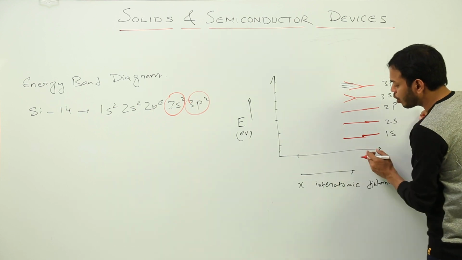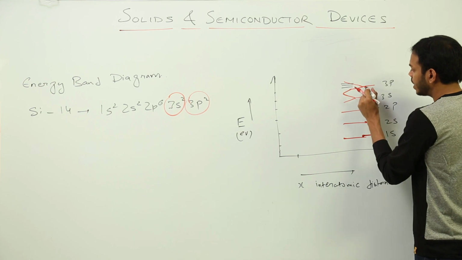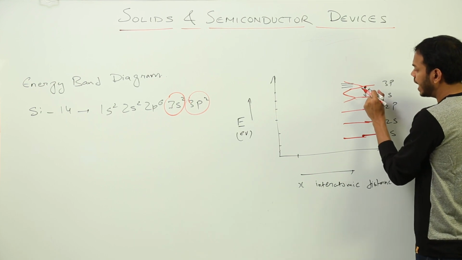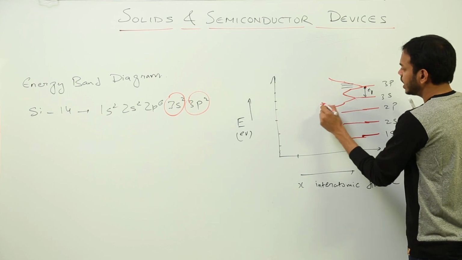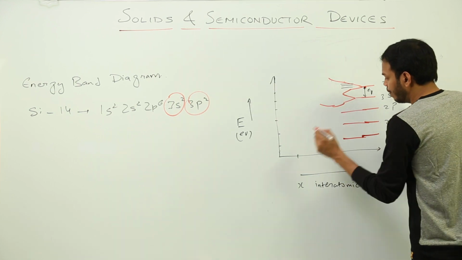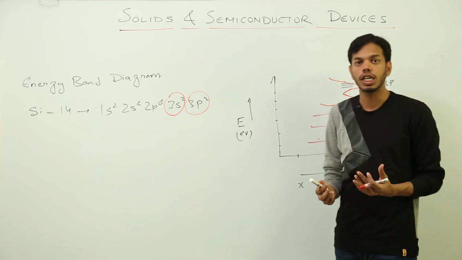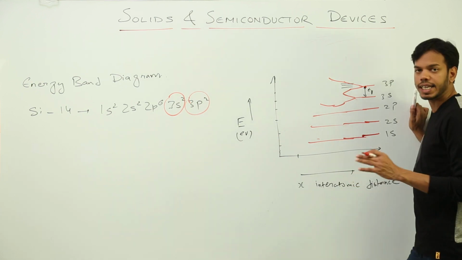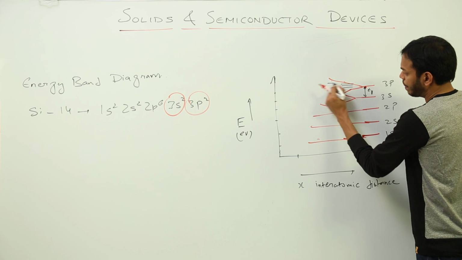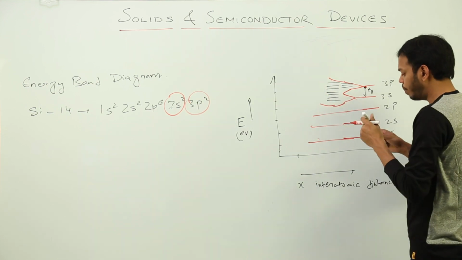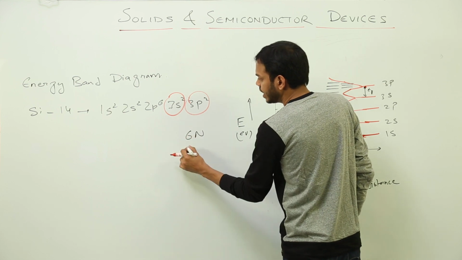And when the atom is brought closer, the energy gap between these two will completely vanish and you won't find any difference between 3s and 3p energy levels. When the atom is brought more closer, the innermost shells or these energy levels remain intact till the end, but for the outermost electrons, what is happening here? See, how many energy levels are present in P? There were 6 and in S 2.